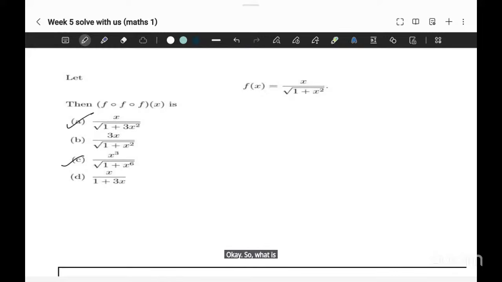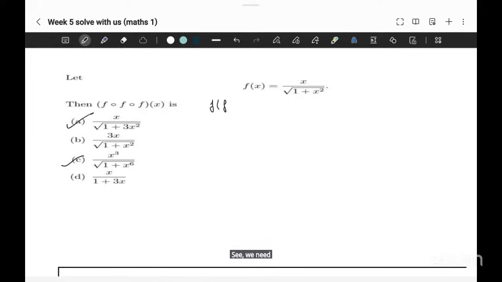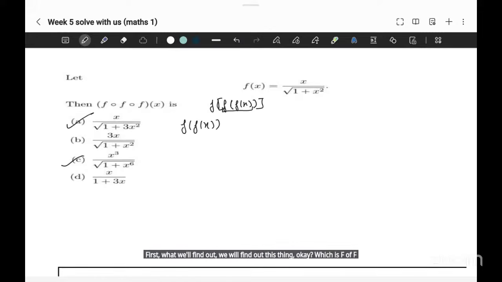My f of x is given. So first of all, what do we want to find out? We need f of f of f of x, correct? First, what we'll find out is f of f of x. What is this? In place of x, I will just put f of x, correct? 1 plus f of x.